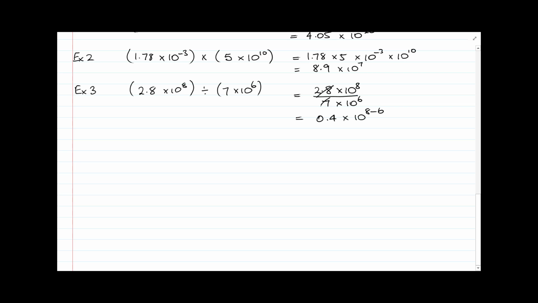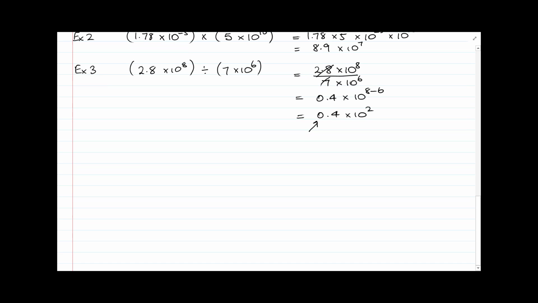That's how we just divide powers. So this, of course, is 0.4 times 10 squared. Now, this is not currently in scientific notation because that 0.4 is too small. It needs to be between 1 and 10. So I'm going to write it down instead as 4, and then I'm going to multiply that by 10 to the power of negative 1.